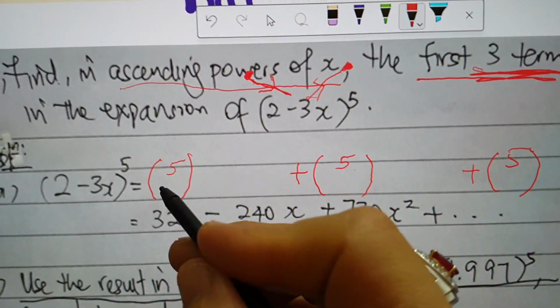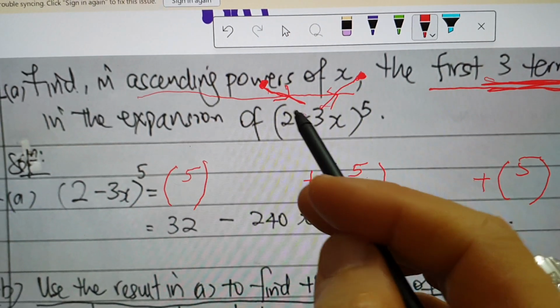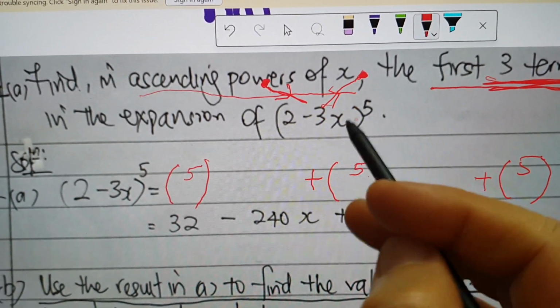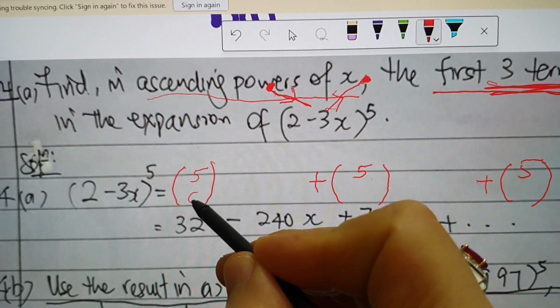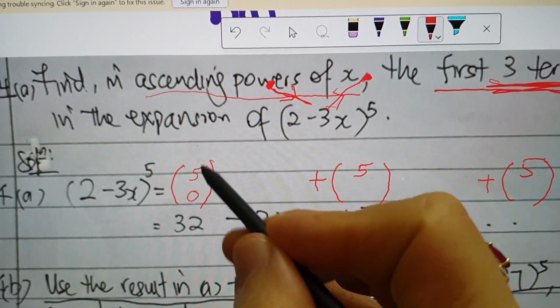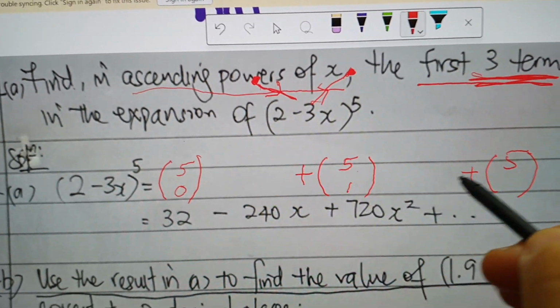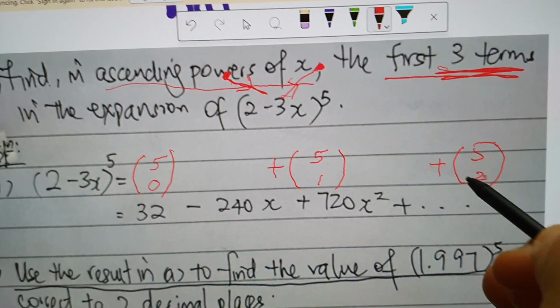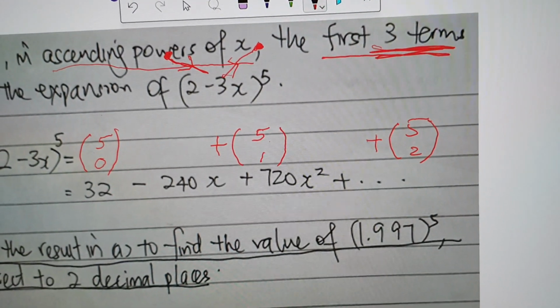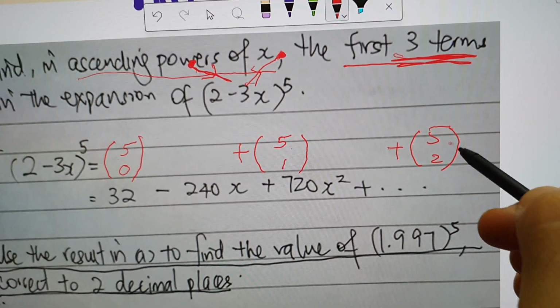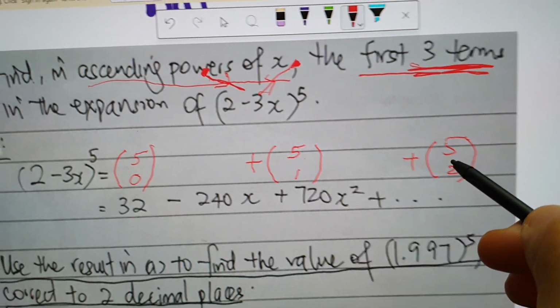Whether it's ascending order or descending order, whatever number this is, it always starts from 0. The first binomial coefficient always starts from 0, then 1, then 2, all the way to 5 choose 5.